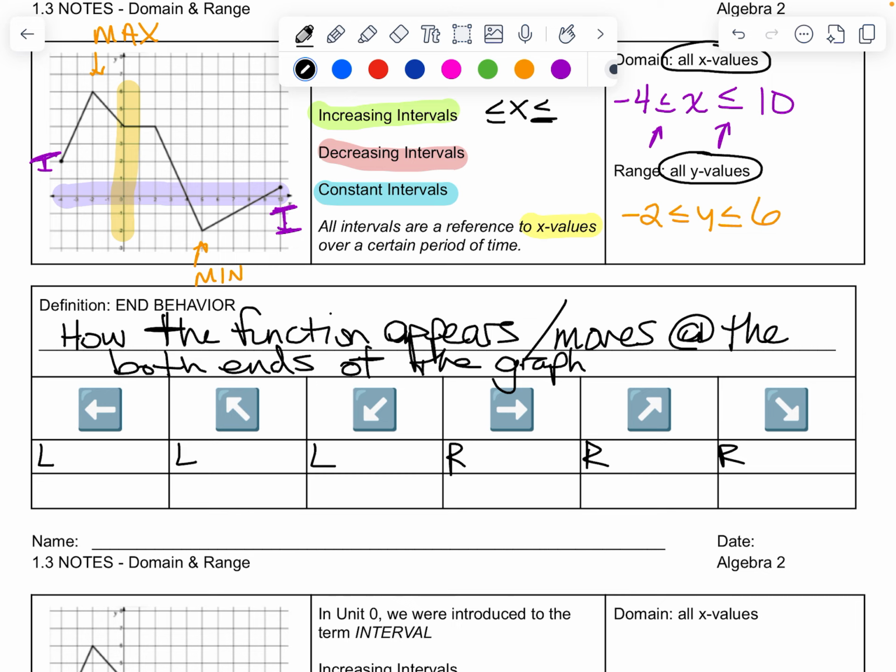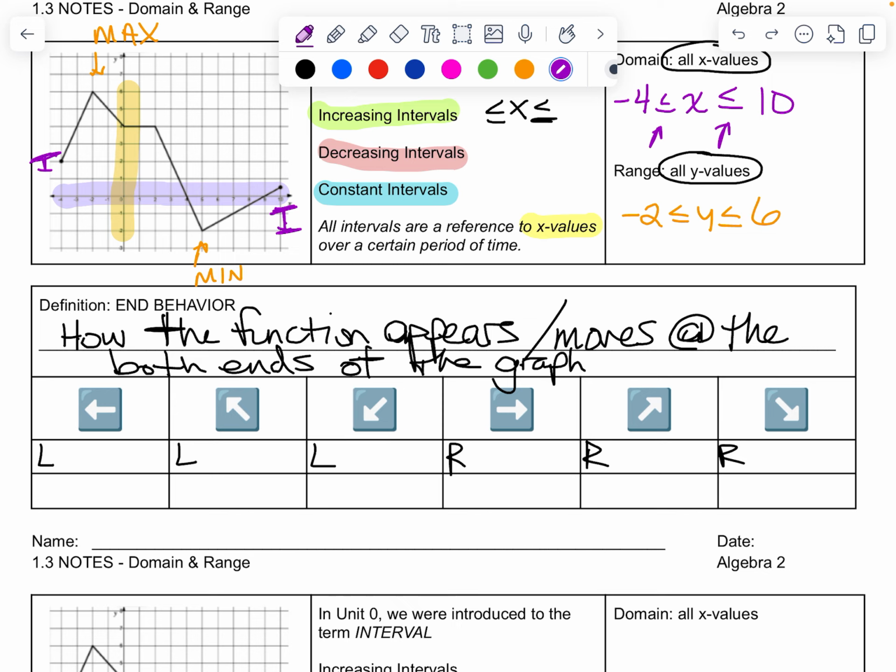Now we need to understand that when I'm on a graph and I'm talking about the words left and right, those are phrases that are all about x values. So this conversation here is completely about x values. And so when I see an arrow, that is symbolizing that this function is traveling past what we see image-wise on a piece of paper or on a graph or even on Desmos.